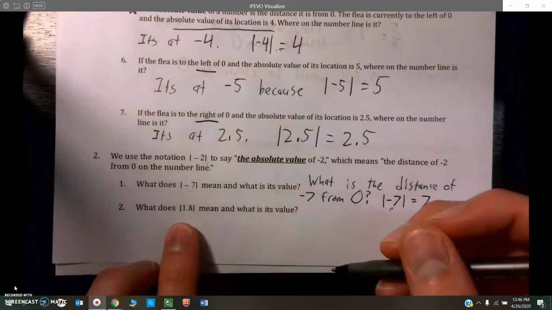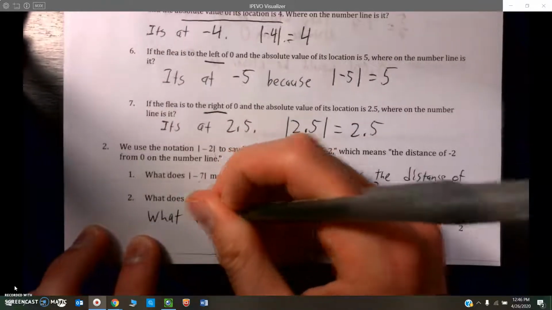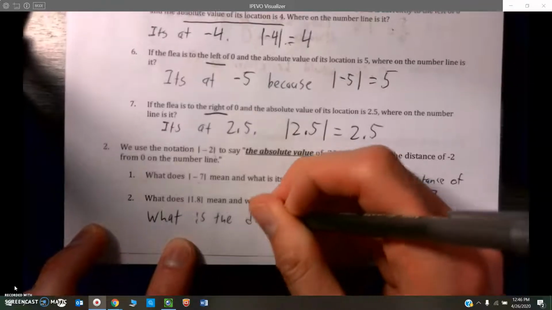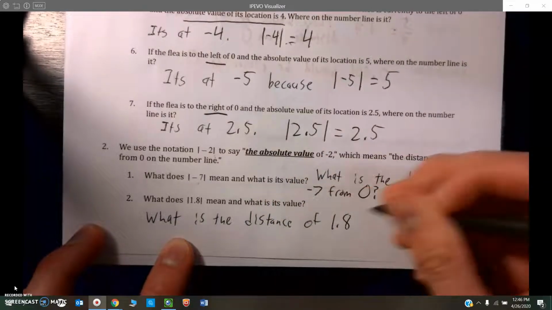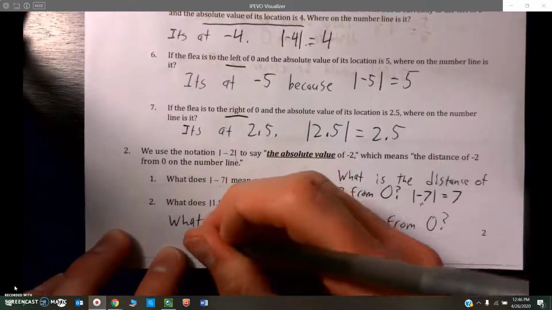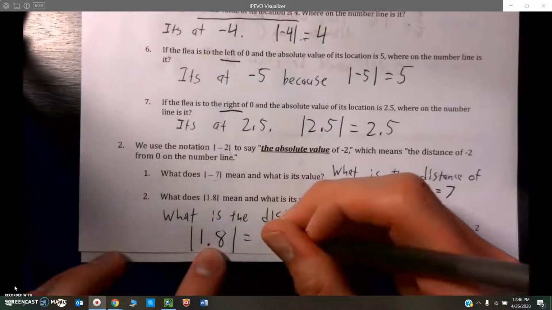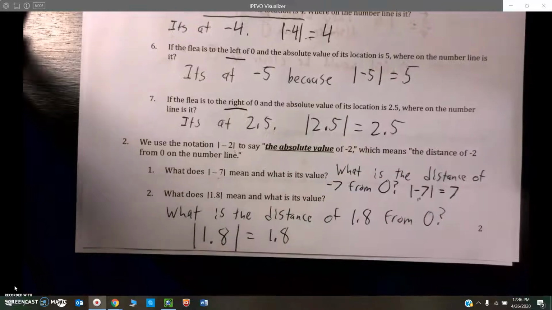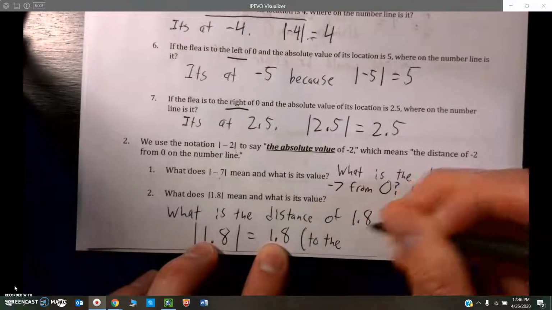So once again, with 1 8/10, what is the distance of 1 8/10 from 0? And it would be 1 8/10 from 0. And because it's positive, it would be to the right.